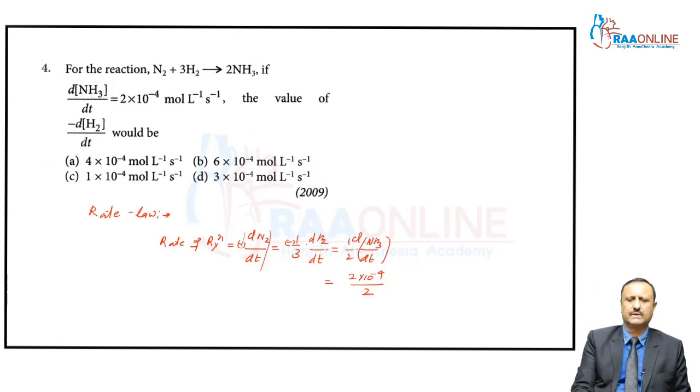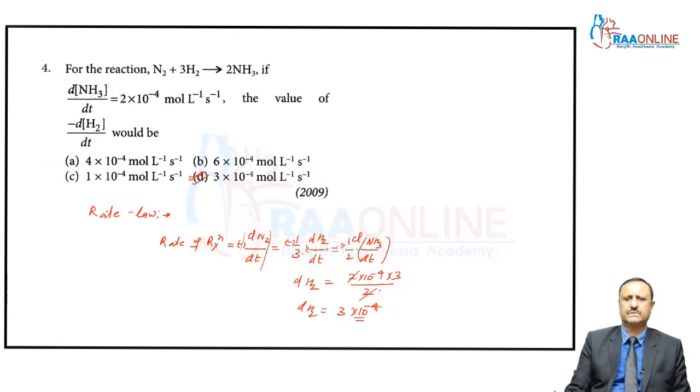So this d[H2] is multiplied by 1/3, so it comes to the power. When this is multiplied by 3, you get d[H2]. In this way, the 2 and 2 cancel each other, and d[H2] is 3 × 10^-4. This is the answer, 3 × 10^-4, and the answer to question 4 is D.